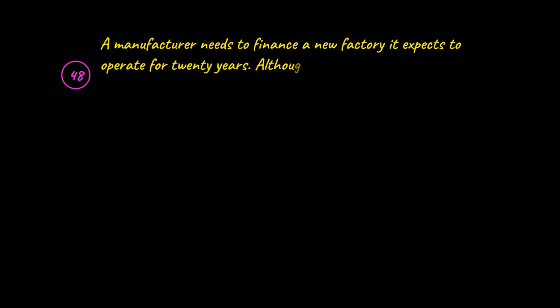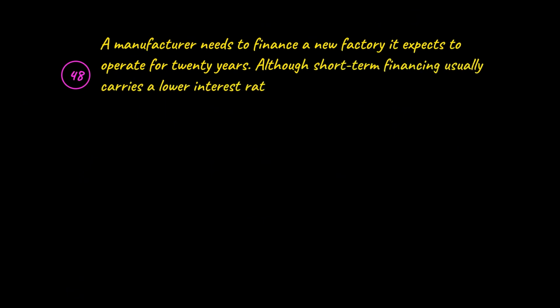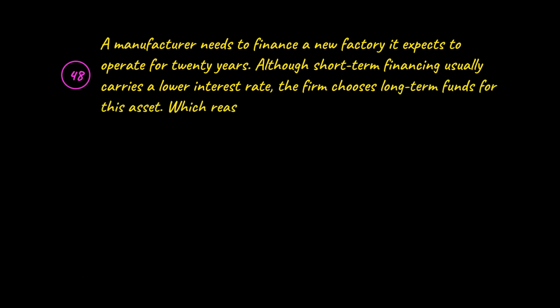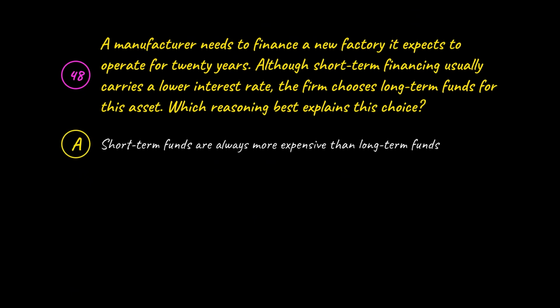Question 48. A manufacturer needs to finance a new factory it expects to operate for 20 years. Although short-term financing usually carries a lower interest rate, the firm chooses long-term funds for this asset. Which reasoning best explains this choice? Your options are A. Short-term funds are always more expensive than long-term funds.